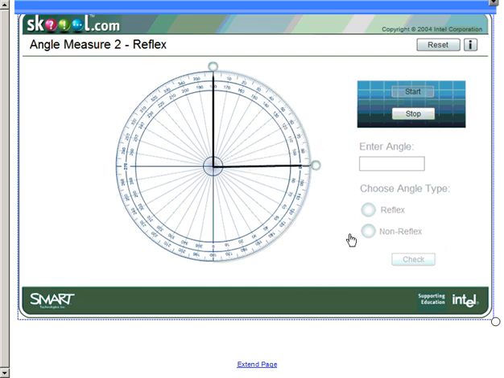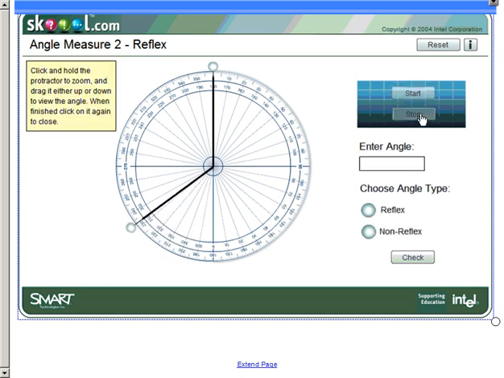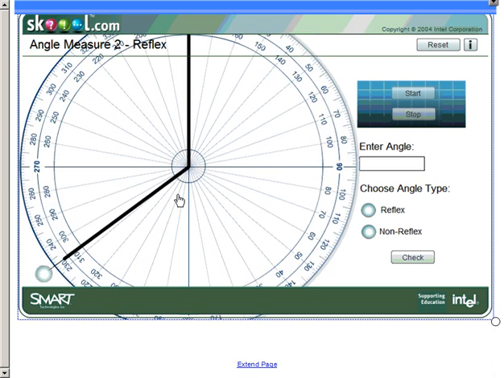The hardest part of this is stopping it at a particular place. So I've gone from an acute angle to a right angle to an obtuse angle to, all right. So now I'm going to look, and it looks like I am at 233.